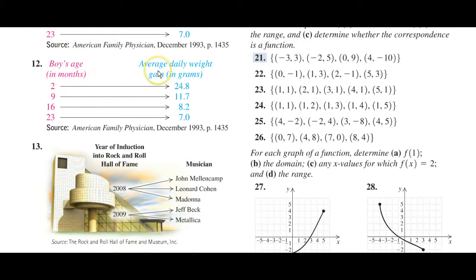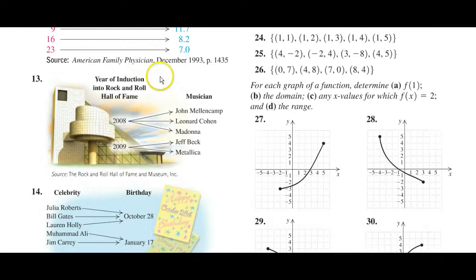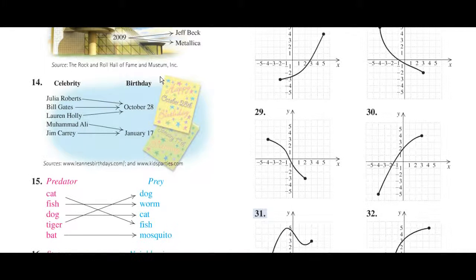So this is a function. Now, here we're looking at celebrity and birthdays. Are there any double lines going? No, each celebrity is unique. They're going to have a birthday. This is a function.